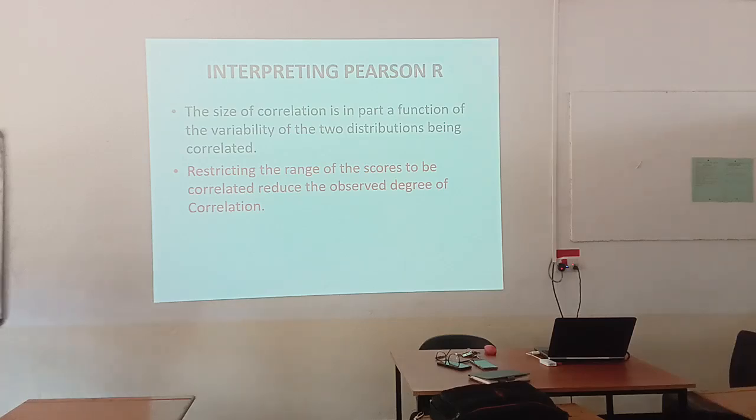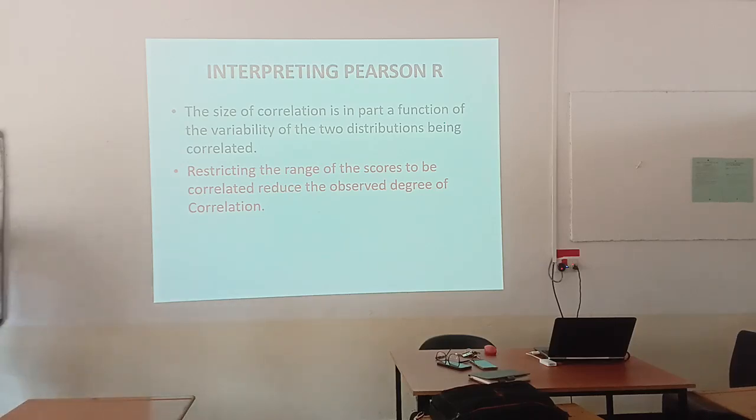Those people who are low performers in mathematics are also low performers in statistics. Those who are average performers in mathematics are also average performers in statistics. Those who are high performers in mathematics are also high performers in statistics.